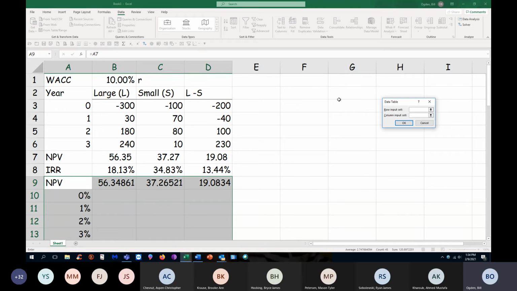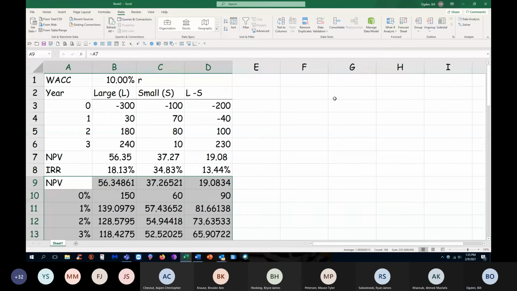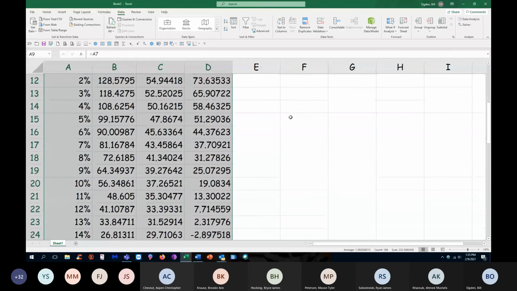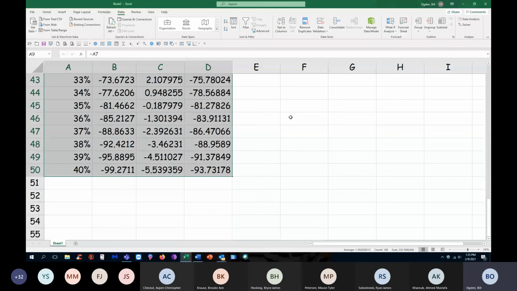And where would I want Excel to place all these different discount rates? I'd like to place them in B1, wouldn't I? And then see what happens. Just click on B1, and it should fill this entire table out for you. All right, so there you go.